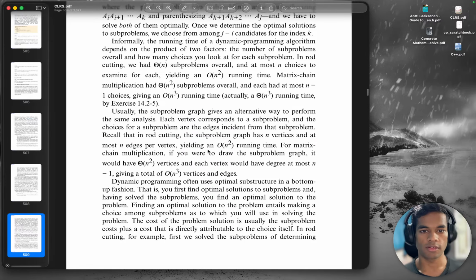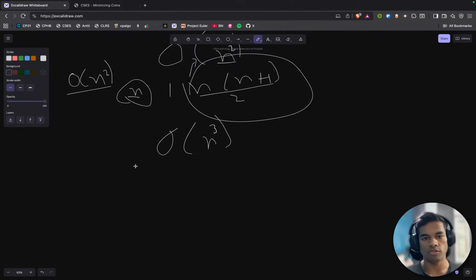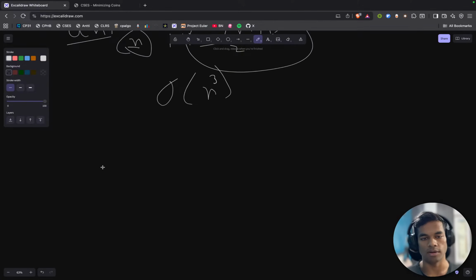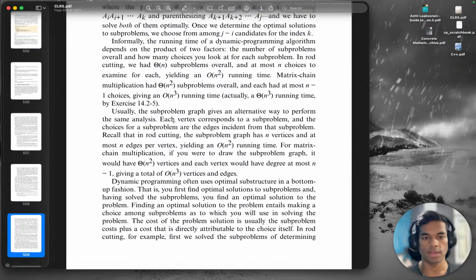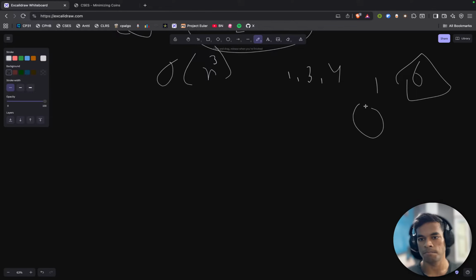Each vertex corresponds to one subproblem, and the degree of a vertex says how many choices we have at a given level. Yep, that makes sense. For coin change, when we have coins 1, 3, 4, and we want to get to a sum of 6, let's say this n denotes a subproblem of size n where we want to get to a sum of n.